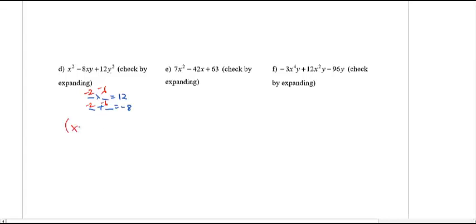So this now becomes x minus 2, but remember it's 12y squared, so we just have to tack on a y at the end. And then x minus 6, y at the end, because a y times a y will give you that y squared term. And notice that if I were to take the x times the y, I'll get xy, which is the middle. So this looks good. Okay.